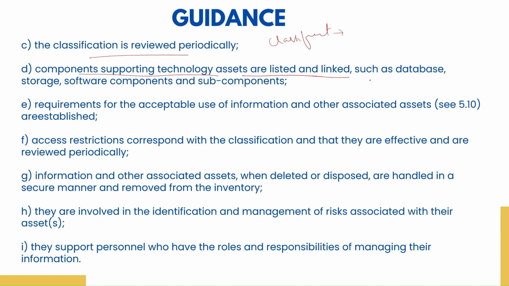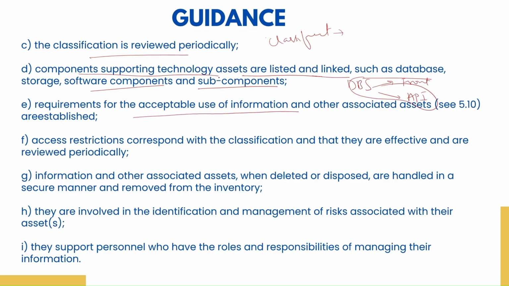So all the technological assets are also listed and they are linked, such as database, storage, software components, and subcomponents. So supposing this is a database server. Now, if this database server is talking to any front end server or any other API or application server, then make sure that even those components are all covered in your inventory list.